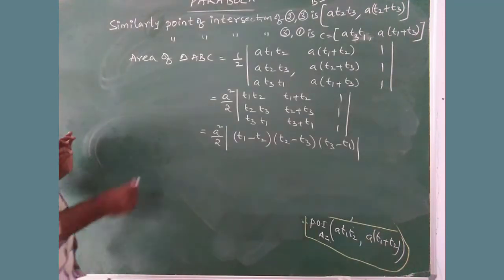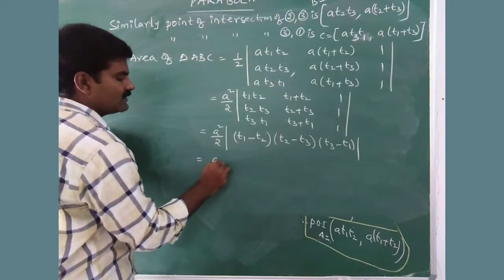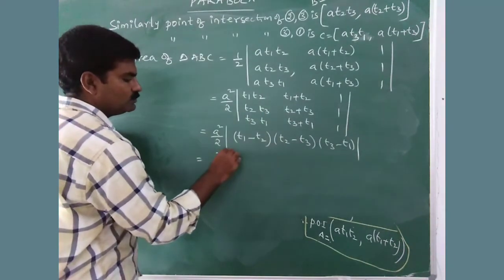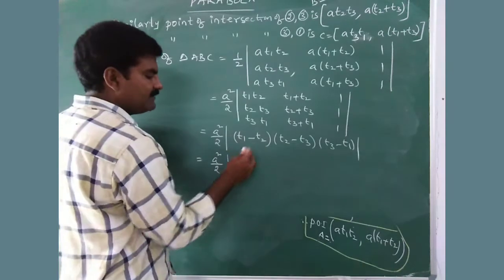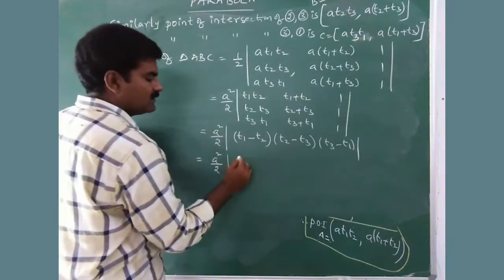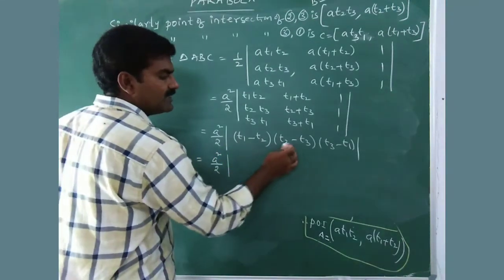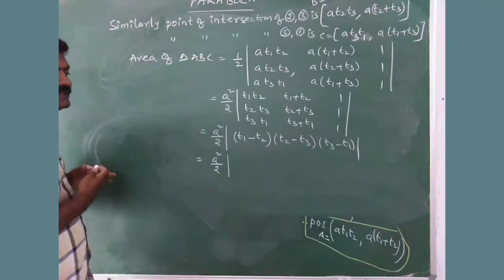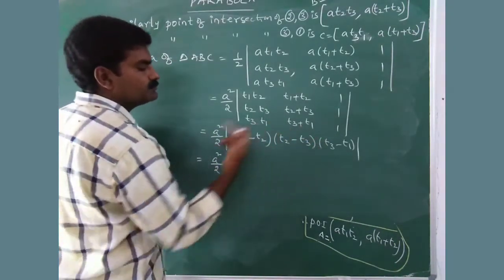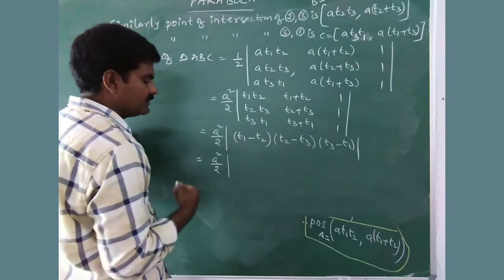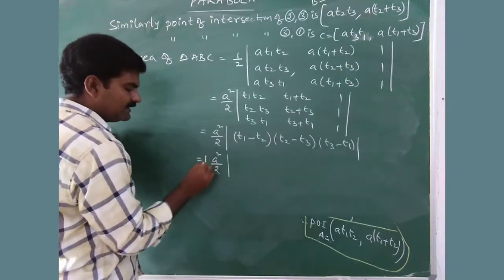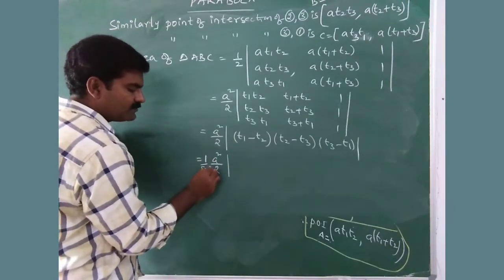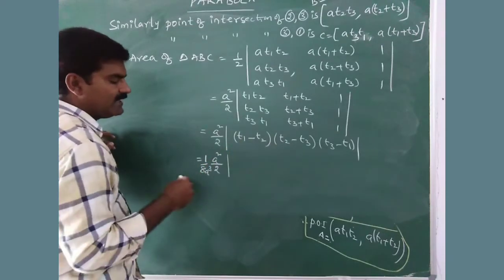Now this one, a square by 2 into, do one thing now. First one, multiply with 2a into 2a into 2a. What is it then? 2 into 2 into 2, 8a cube. So we need to divide with 8a cube and we need to multiply with 8a cube.